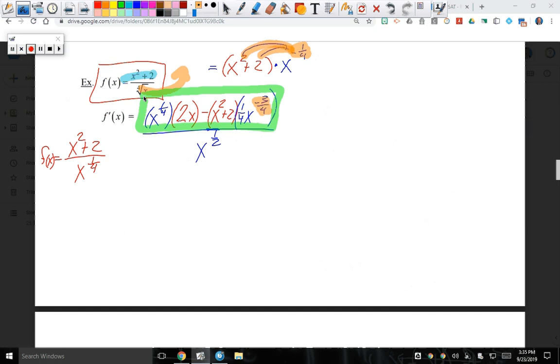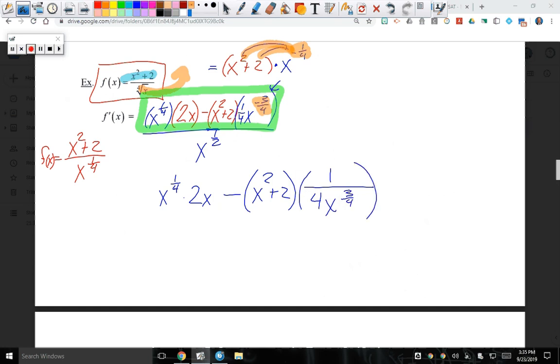And if I rewrote this, because of this negative power, I could write it as x to the 1/4 times 2x minus x squared plus 2 times 1 over 4x to the 3/4. Do you all see what's going on right now? Okay, so this times 2x minus that, and I'll get x to the 1/2.